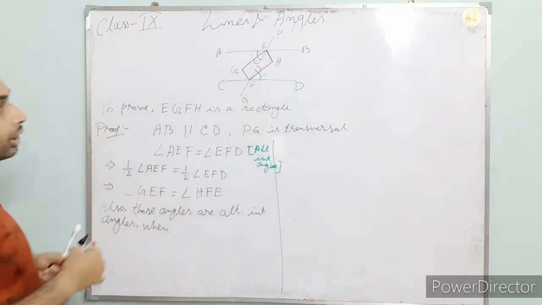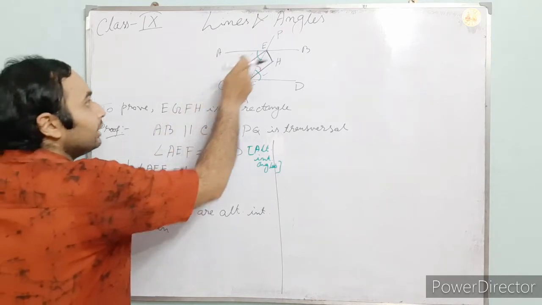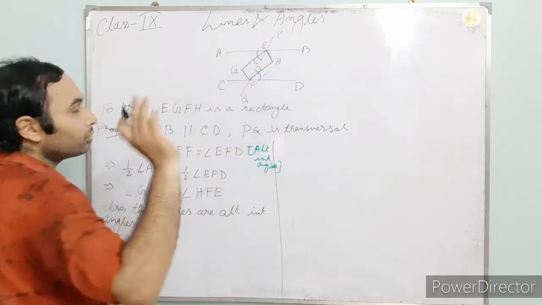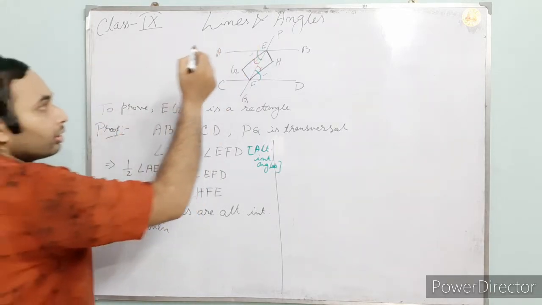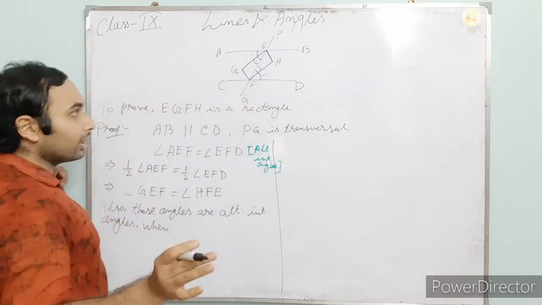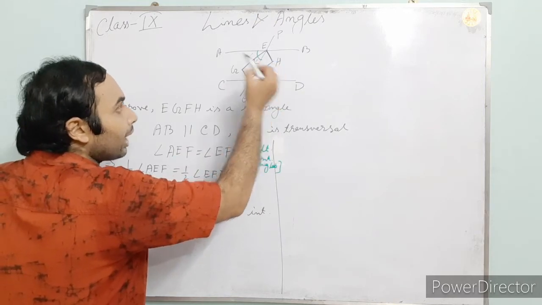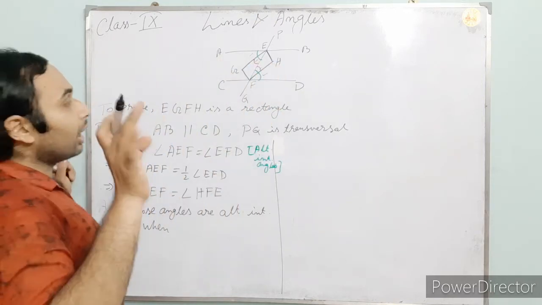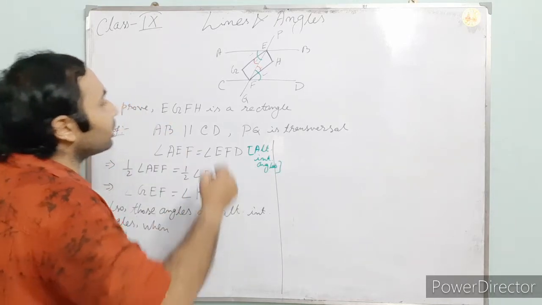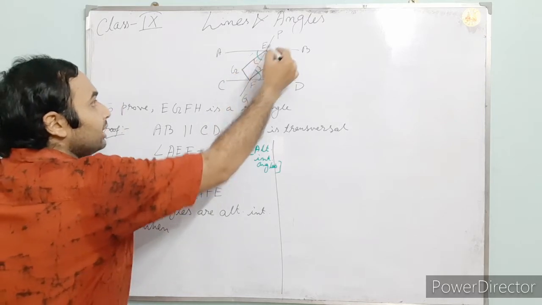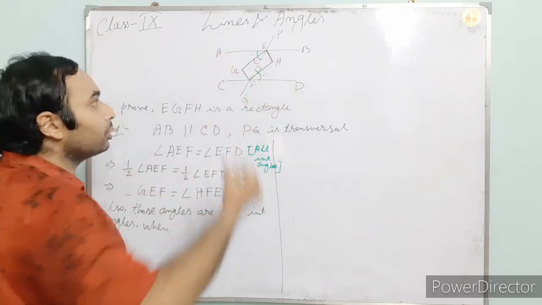When those two equal angles are alternate interior angles, EG and HF will be parallel lines and EF will be the transversal. Also, from the figure we can see those two have the possibility to be alternate interior angles. When will those be alternate interior angles? When GE is parallel to FH and EF is the transversal.